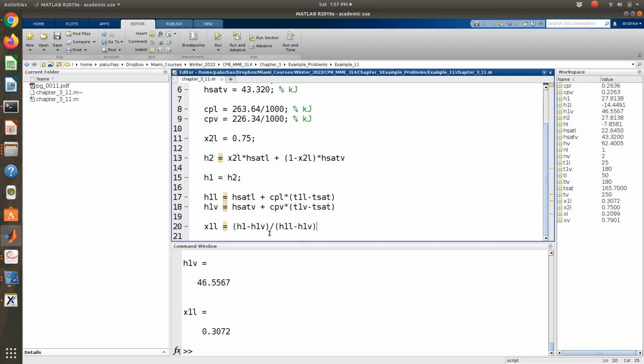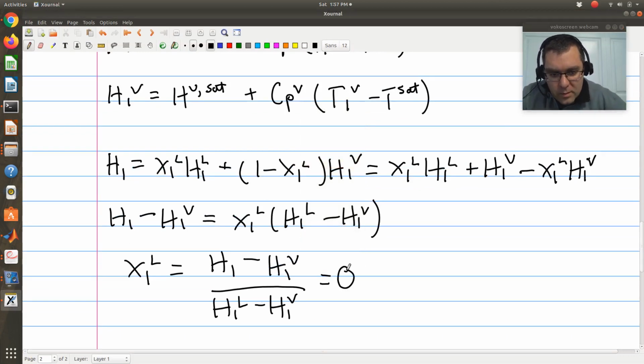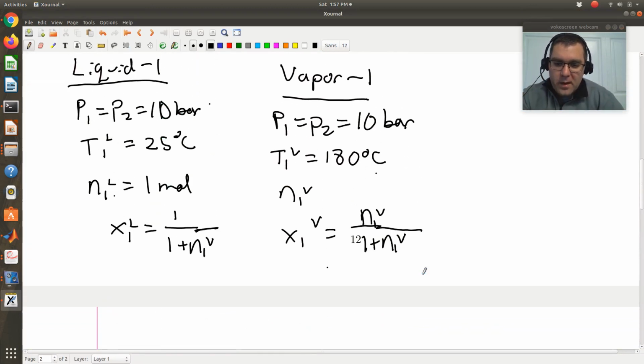Alright, so it's essentially a lever rule of sorts. So X1 is 0.3072. Okay. And then if I come back up here, it's at X1L.